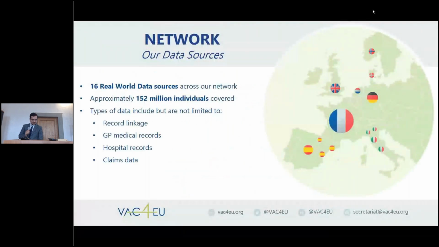So let me start with a brief introduction to VAC4EU. In the VAC4EU, we used around 16 real-world data sources across different countries, which covered around 152 million individuals. And our data includes mainly general practitioner records, record linkage, hospital records, and claim data.